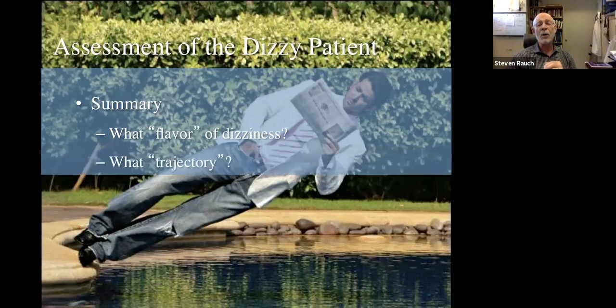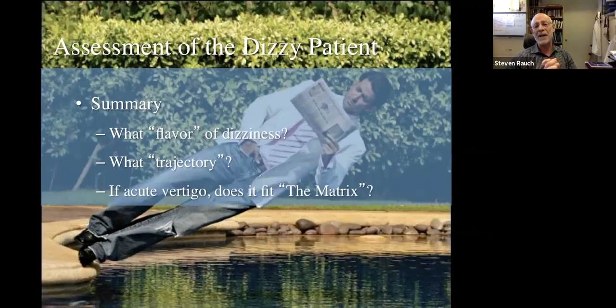I want to know the trajectory of symptoms. Is it episodic or persistent? Does it come and go? What's the timeline? Is it trending worse, trending better? If they have acute vertigo, I try to fit them in that matrix of acute or episodic versus persistent, with or without hearing loss.